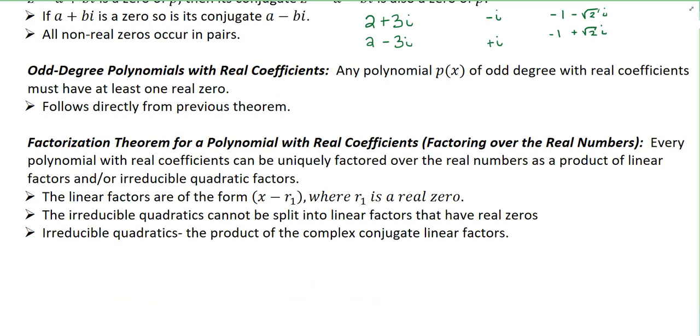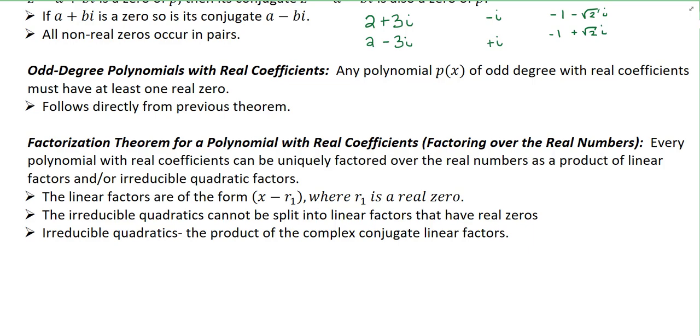The next theorem is kind of an extension of the factorization theorem that we already talked about, but this factorization theorem is where we're factoring over the real numbers instead of the complex numbers. And so in this case, when you see the factorization listed out, you don't want to see those imaginary pieces.